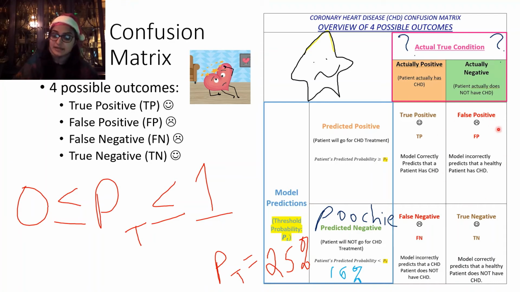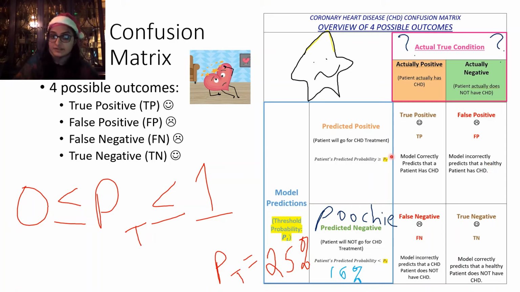But on the false positive side, if we predicted the patient has CHD and should go for treatment, maybe we wrongly predicted that. And maybe even if they had a 25% risk or 30% risk, if they have a 30% predicted probability, there's still like a 70% chance they don't have coronary heart disease.